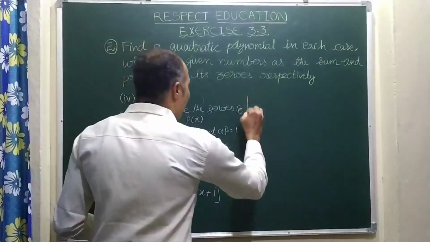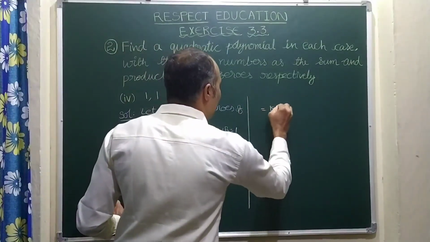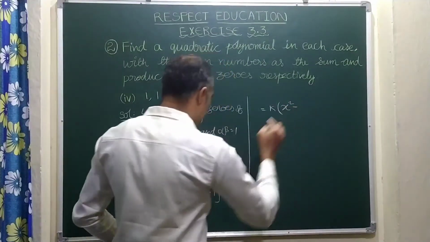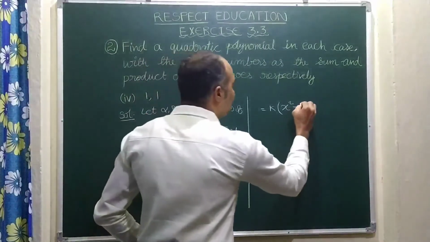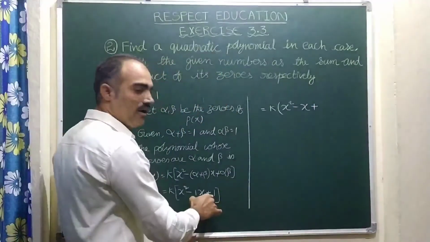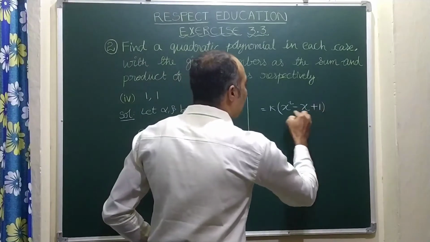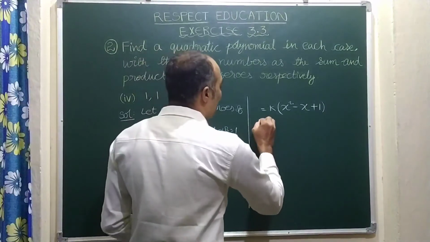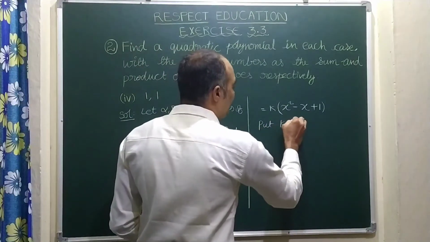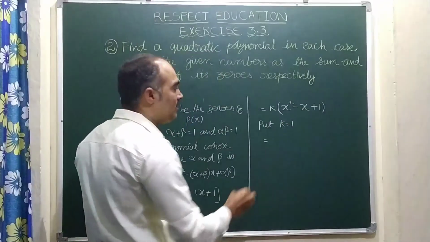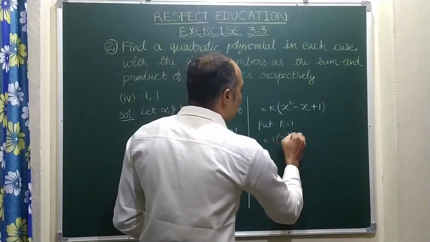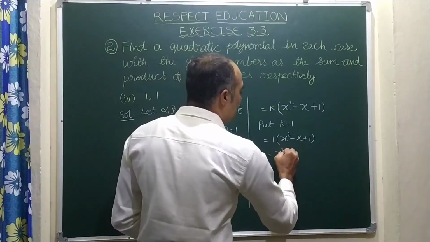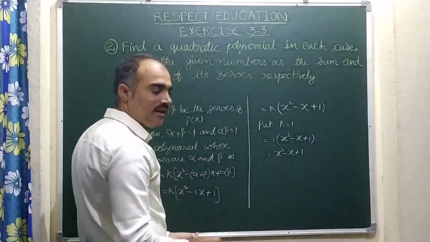Now here p of x becomes k into x square minus 1 into x is x plus 1. Now here it does not have any denominator, so let us take k value as 1. So put k is equal to 1, then the required polynomial becomes 1 into x square minus x plus 1. 1 into anything is the same thing, means x square minus x plus 1, right.